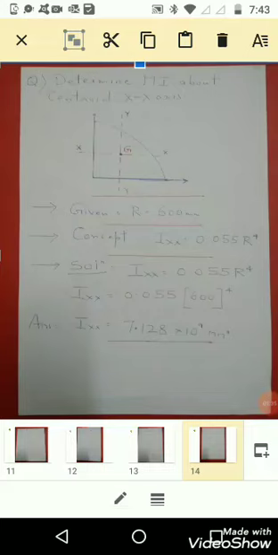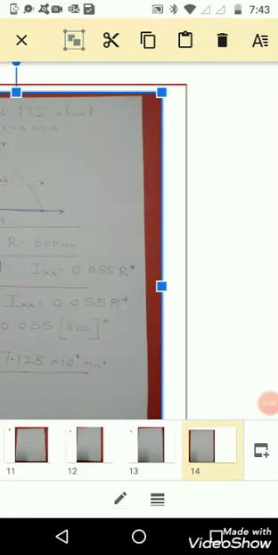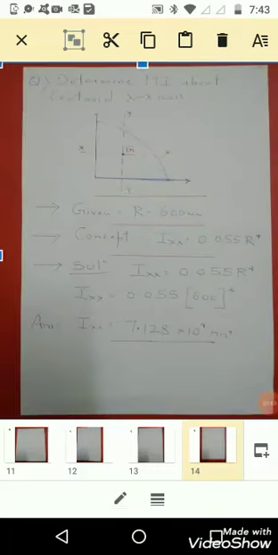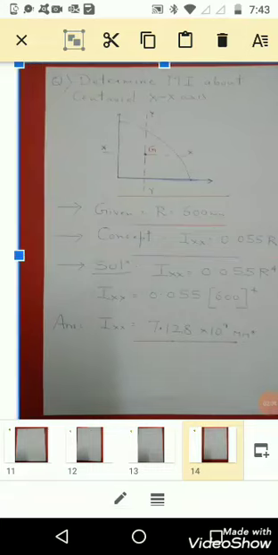Substitute the value r is equal to 600. We get Ixx = 0.055 in bracket 600 raised to 4. So Ixx is equal to 7.128 into 10 raised to 9 mm raised to 4. Next slide, please.